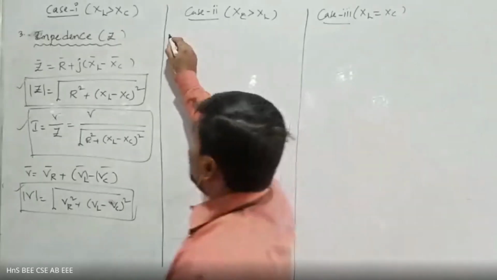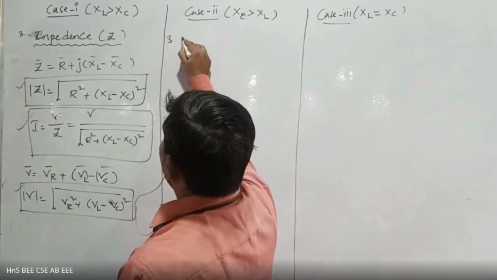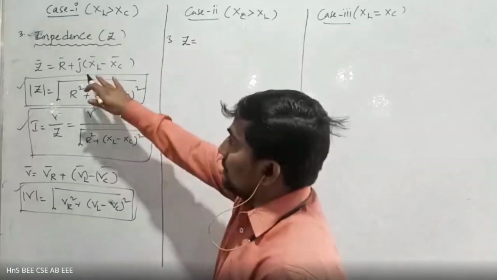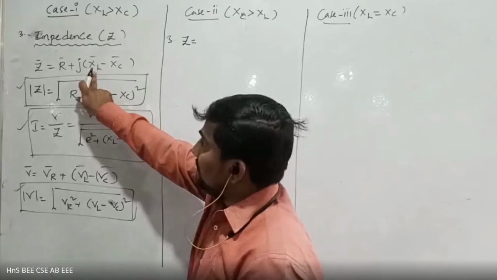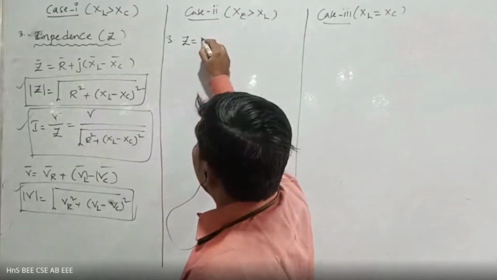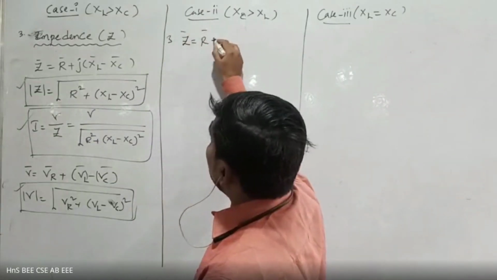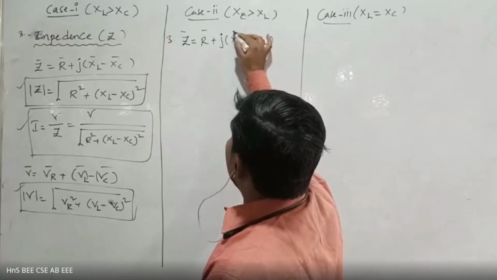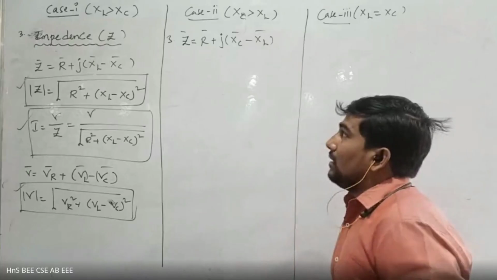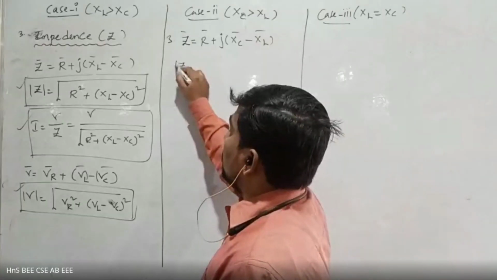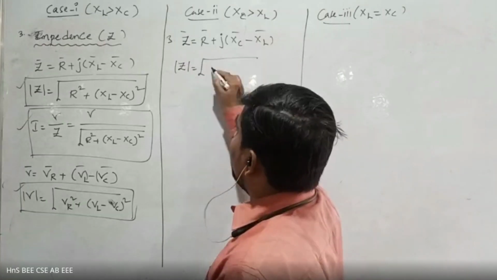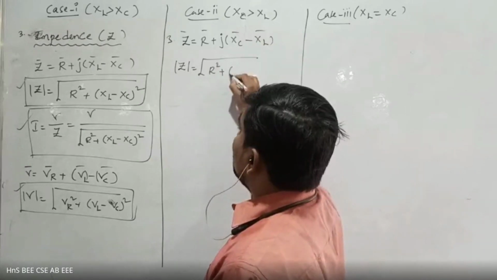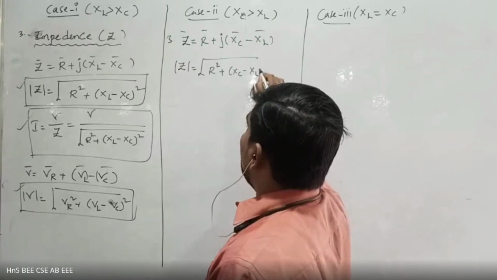Now coming to case number 2, the second case. Z equal to simply you have to take XC first and XL is next. That is Z bar equal to R bar plus J into XC minus XL. Now coming to mod, the mod of Z equal to under root of R square plus XC minus XL whole square.